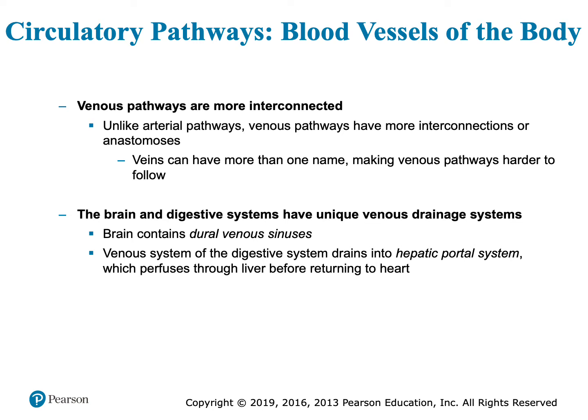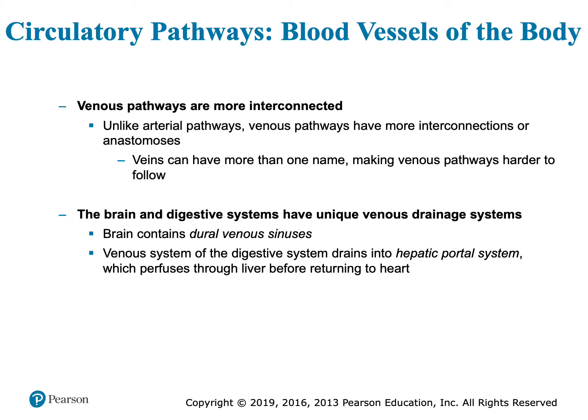This I already mentioned. Remember, you have a lot more venous pathways, and a lot of them are interconnected by that term called anastomoses. You do have some arterial extra pathways that are connected, but you have a lot more venous pathways. And again, your venous pathways can vary greatly.